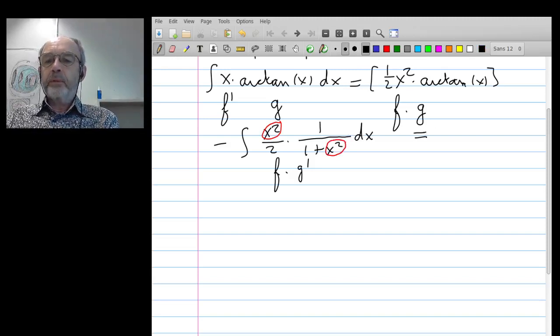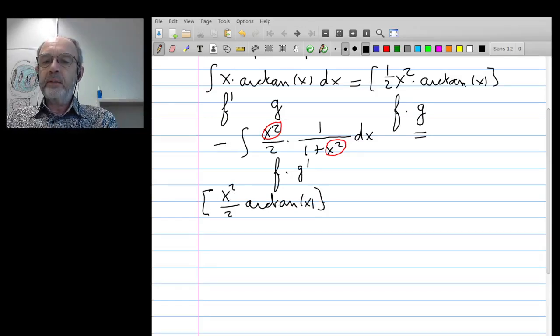So what to do? In the brackets we can make nothing easier. So you have x squared divided by 2 times the arctangent, and then minus the integral of, and what can we then do? Maybe we can add 1 and subtract 1. So in a certain sense, do nothing.